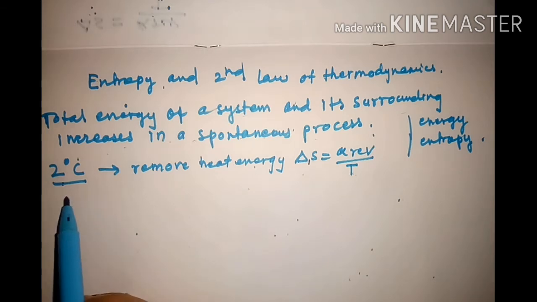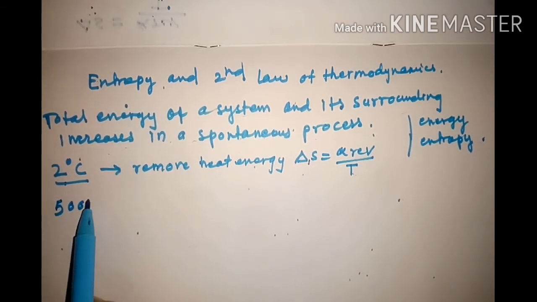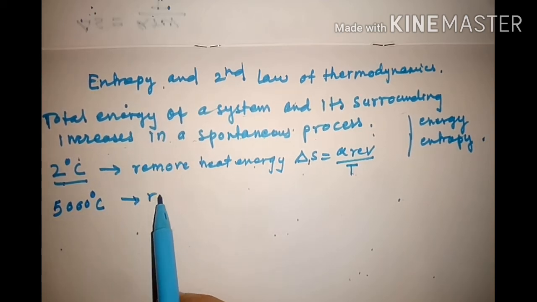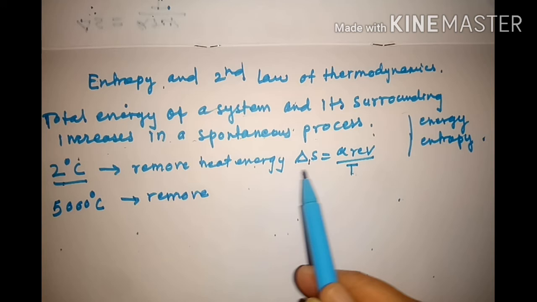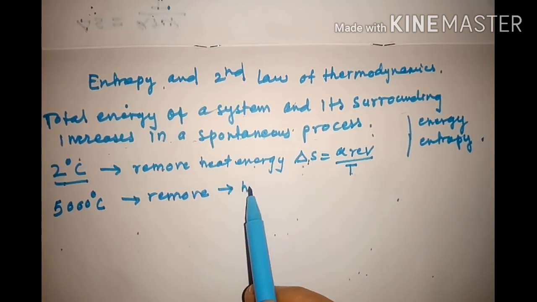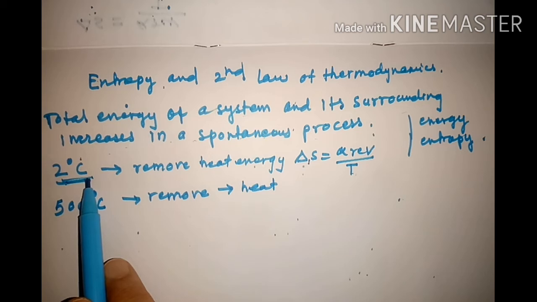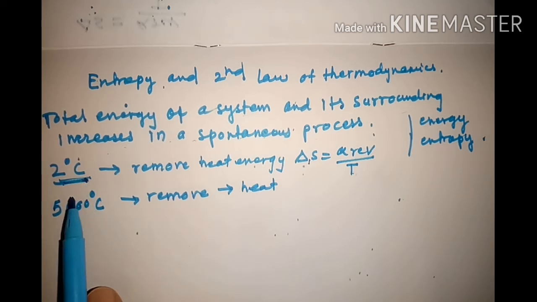But if the system is at a temperature of 5000 degrees Celsius, and you are removing some heat from it, the value of delta S will not be greatly affected as it was in the earlier case. If a person has 10 crore rupees and you ask for 1 rupee, it doesn't affect him a lot.